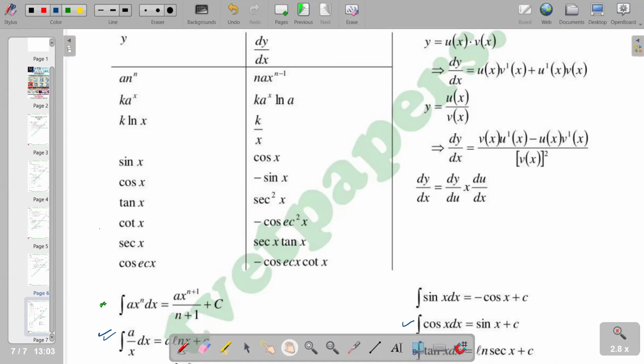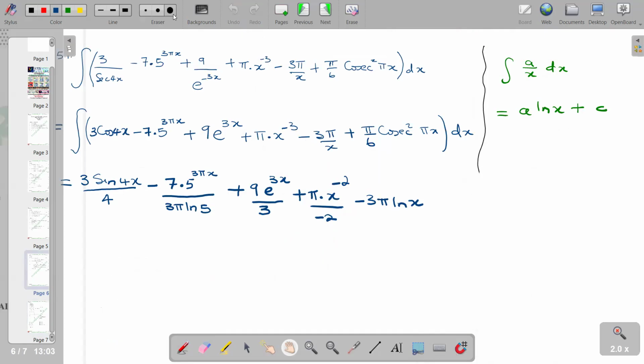So it therefore means, if we go back to the question, it implies that the integral of negative cosec squared x, with respect to x, must give cot x.